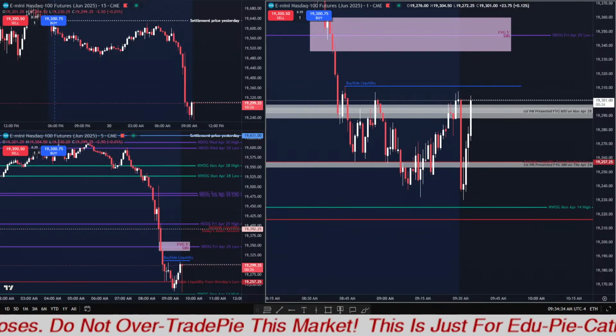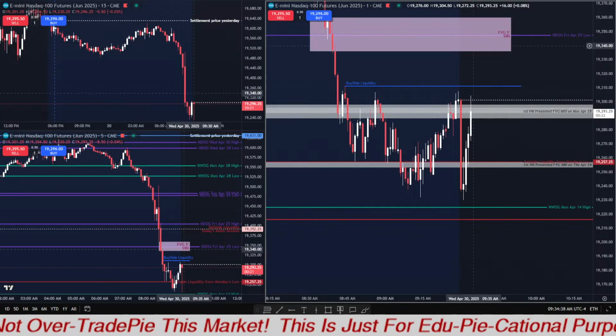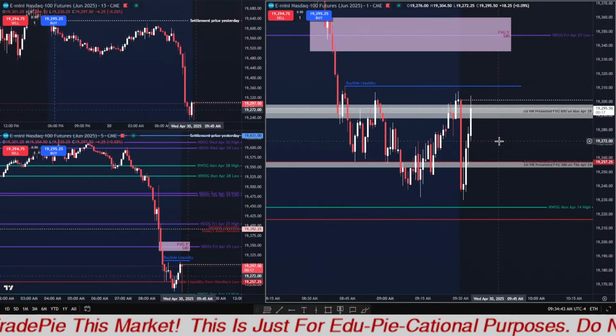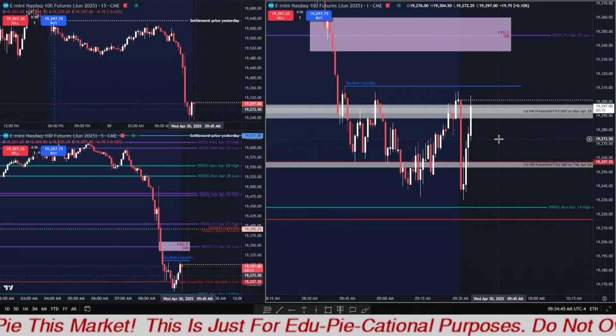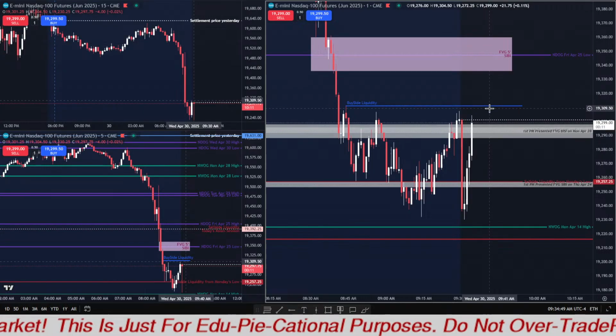We touched again the opening range gap low, or the opening price at 9:30 over here, and we are very close to this buy side liquidity over here. Let's see.